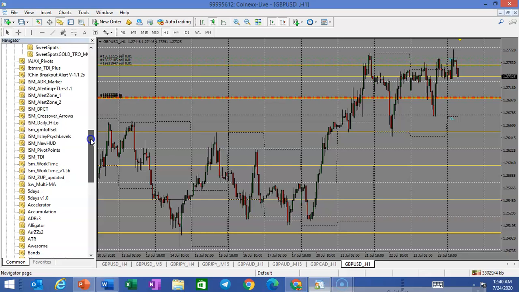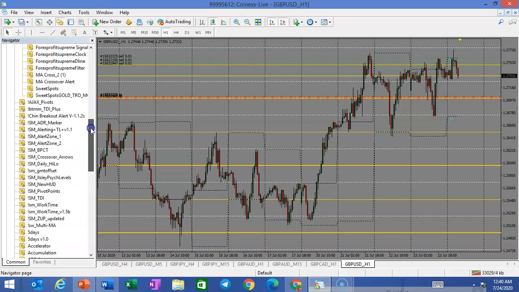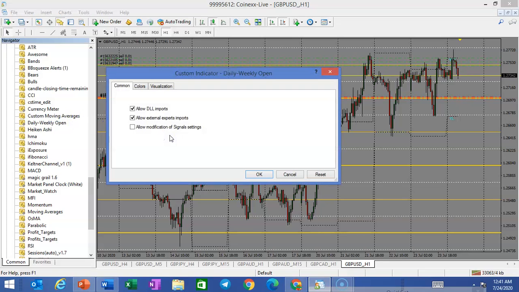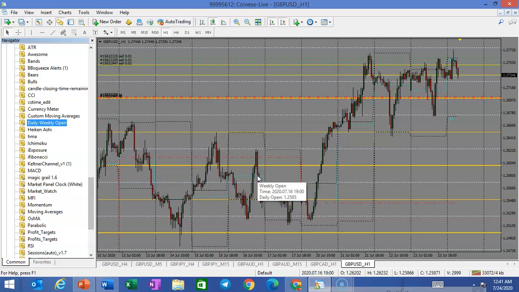And I also want to look at the weekly. Here it is, weekly daily open. And what you do is you take it, I don't know if I explained this, but you highlight it and you drag it and drop it onto your MetaTrader 4, and then it just shows up.